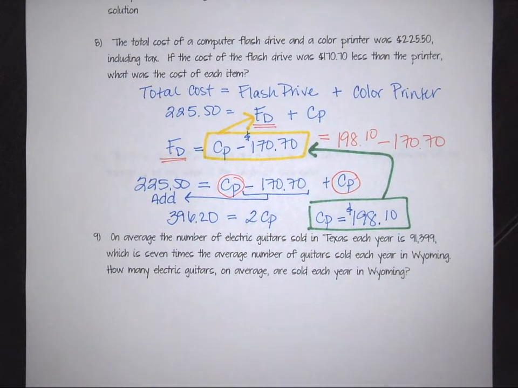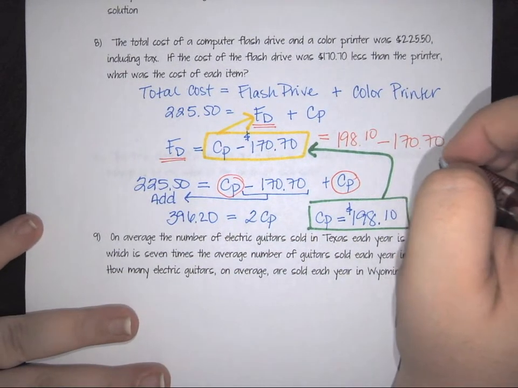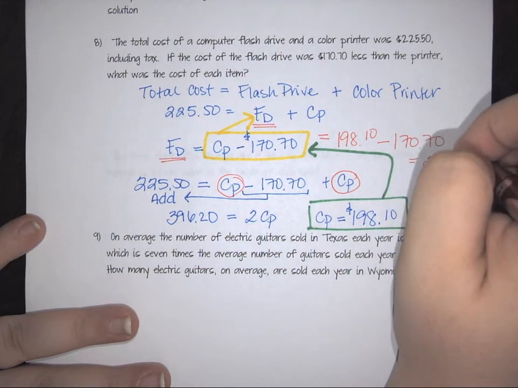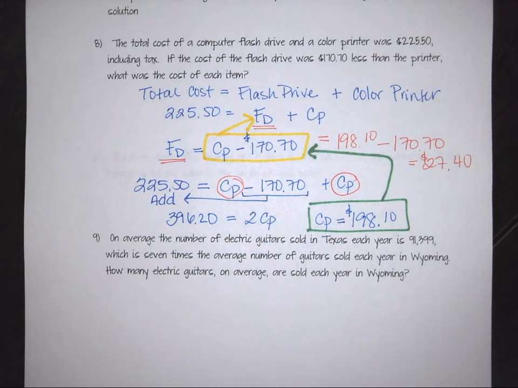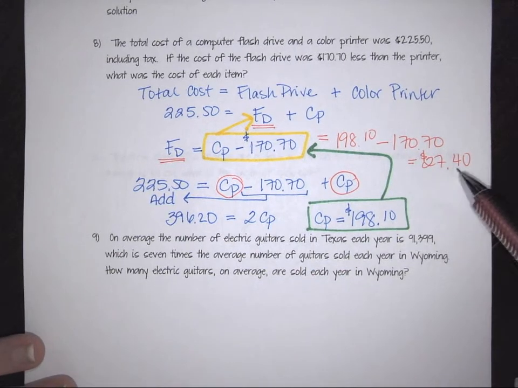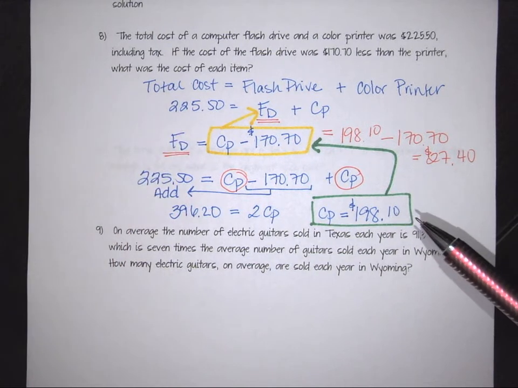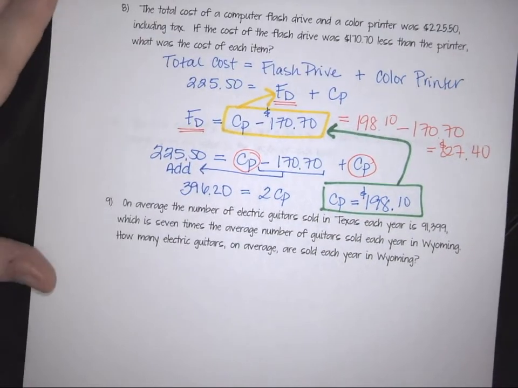Therefore, when we do the subtraction, you're going to come out with that flash drive being $27.40. Now, you can double check your work by adding these two values together and making sure they come up with $225.50.